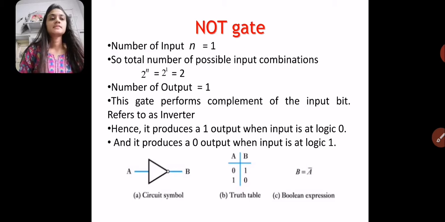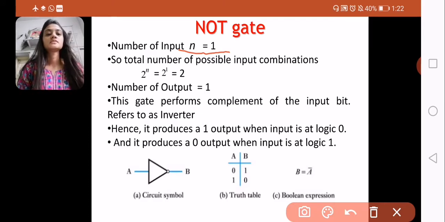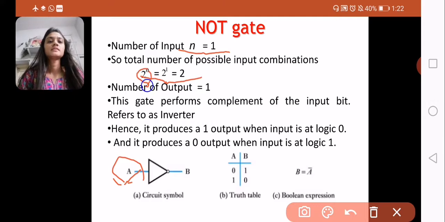So let us start with it. First is the number of inputs. Here we are denoting number of inputs as a small n equal to 1. See in the symbol, number of input is 1 and it is denoted by A. Second thing, number of possible input combinations, 2 raised to small n, here it is 1.